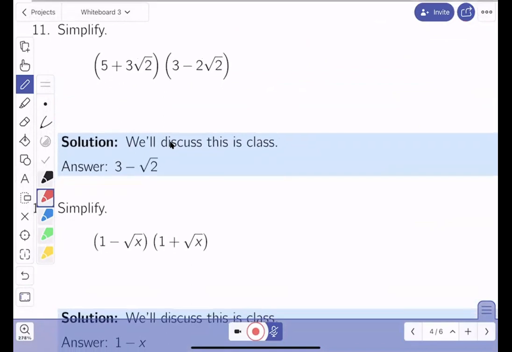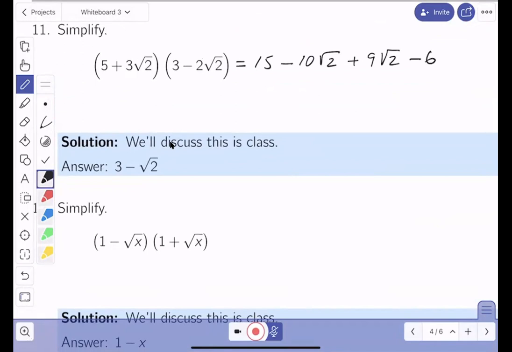It's basically a repetition problem, right? Repetition is one way to learn the material. 5 times 3 is 15. Minus 10 root 2. Don't be intimidated. Plus 9 root 2. I'm using the distributive property of multiplication. Minus 6.